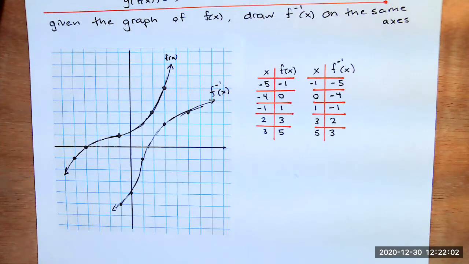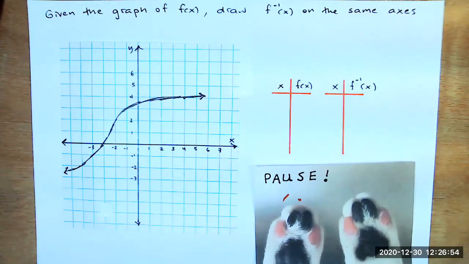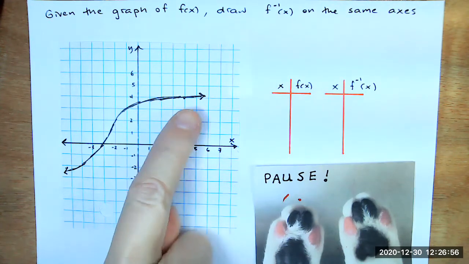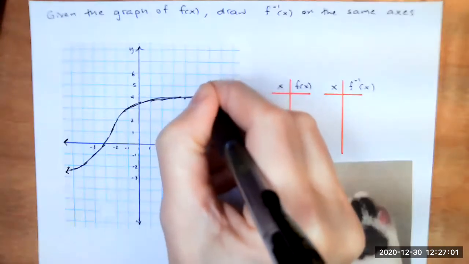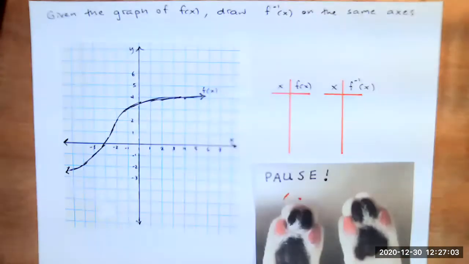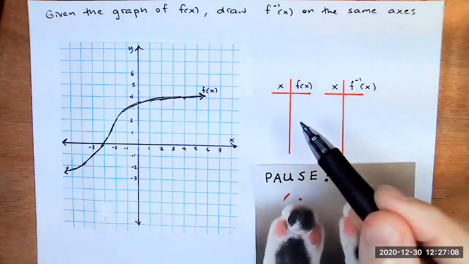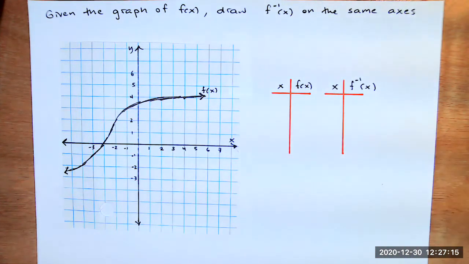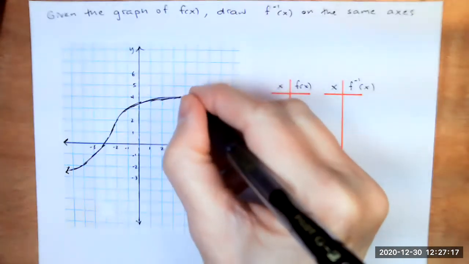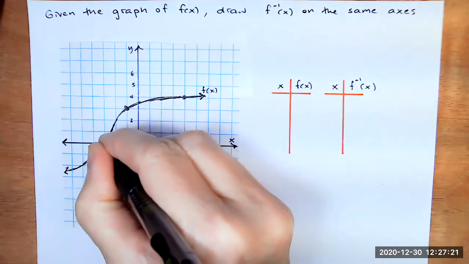Let's try another. All right, given the graph of f, can you draw f inverse on the same axes? So if I were you, I would hit the pause button, fill out the table, and then try to draw the inverse function. All right, so we could start by labeling a few points.